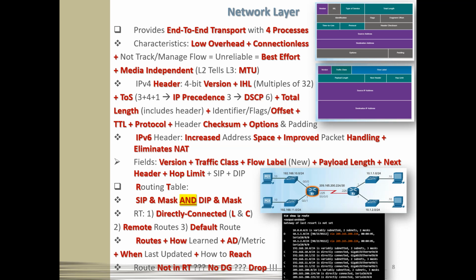Here under the routing table you can see that the gateway of last resort is not set. Notice in the routing table, if a default gateway address is not set, that means if the router receives a packet for a network that is not in the routing table currently, it will be dropped, and that's it.